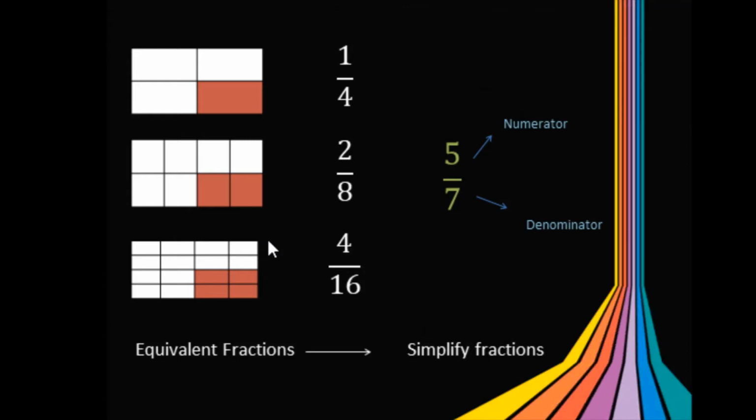If it's the case, we call it equivalent fractions. Can you say it again? Equivalent fractions. Okay, and if we have equivalent fractions, that means we are going to simplify fractions.